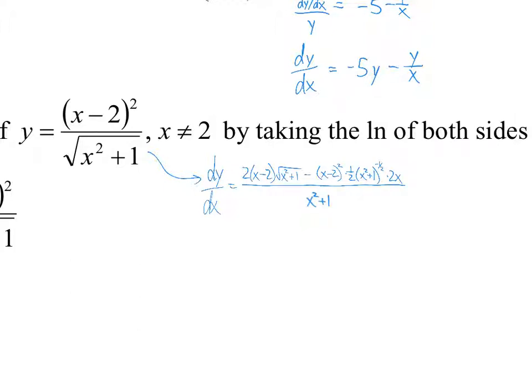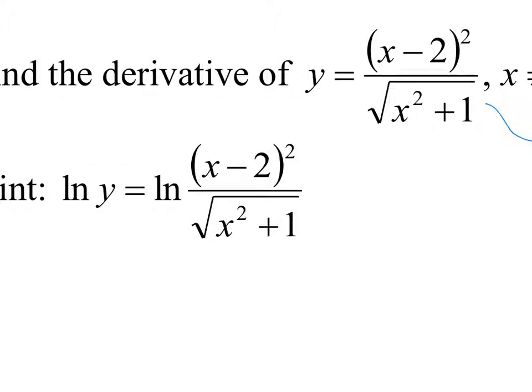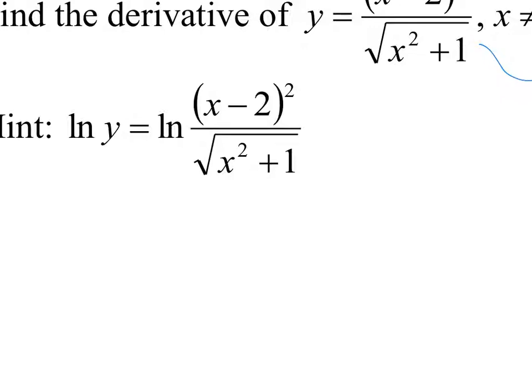And that is, if we were to take the natural log of both sides of this equation first, then we could actually simplify that right-hand side. I could rewrite this as ln of y equals 2 ln of x minus 2 minus a half ln of x squared plus 1.